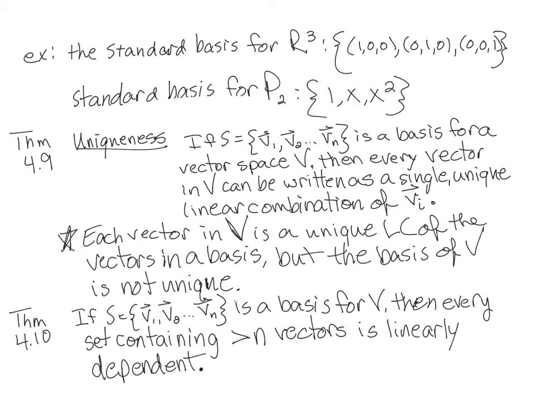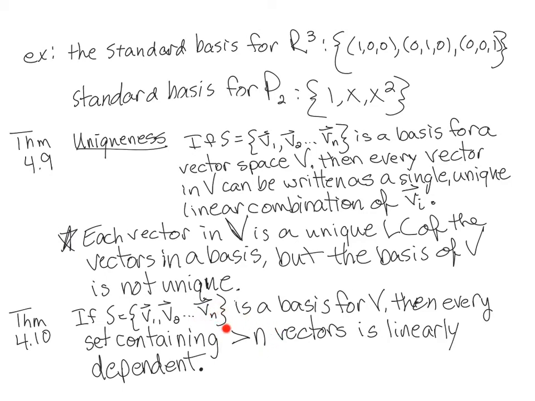Okay, so theorem 4.10, same set of vectors here. If that is a basis for V, then every set containing more than n vectors, notice that there are n vectors here, is not linearly independent.